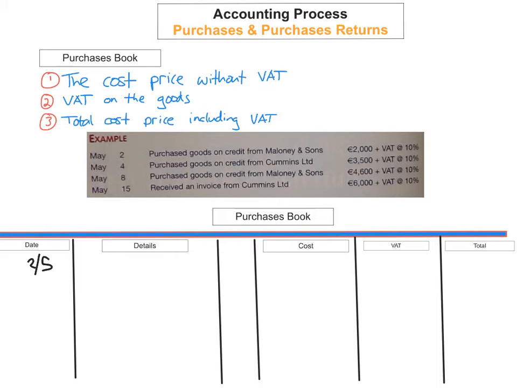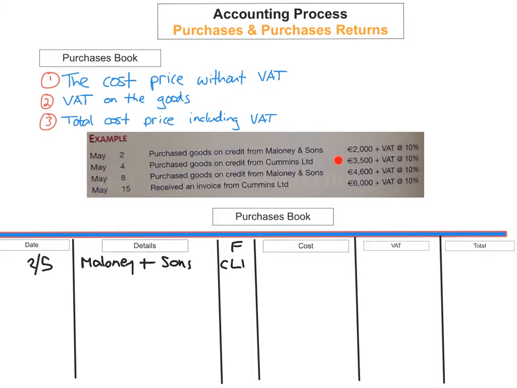Details: Maloney and Sons. This is going to be CO1. This F column just shows us what page in what ledger the transaction is in.